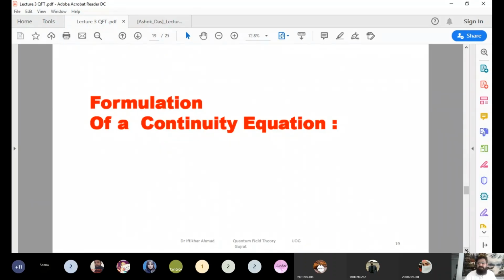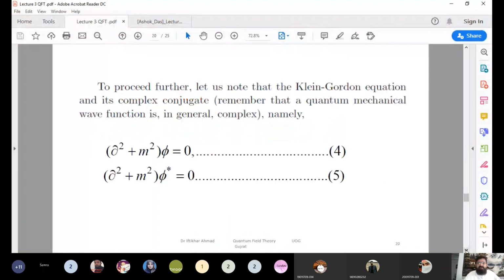Okay, we are moving on to the next equation. That is a very famous equation, most of the time you already know this equation. This is known as the continuity equation. So how can we derive the continuity equation?